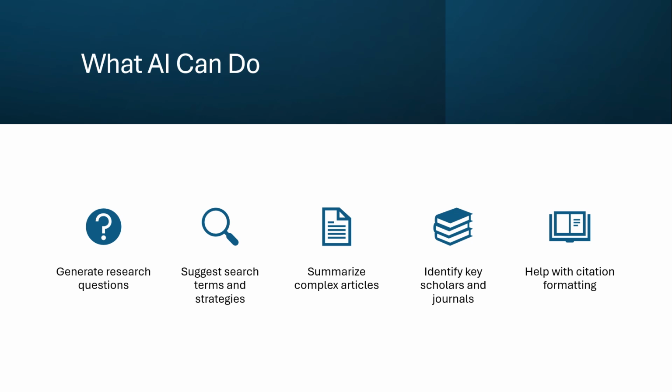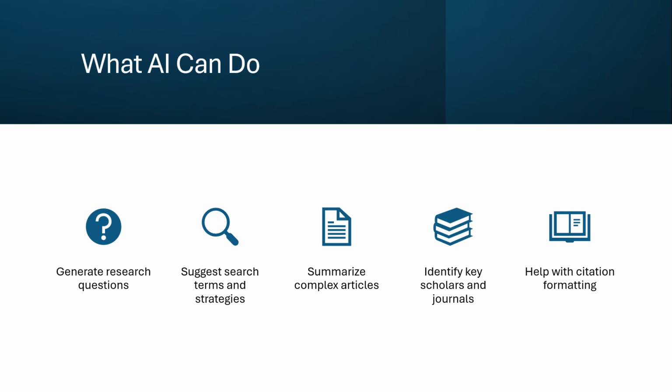So some things that AI can do include helping to generate research questions. I personally love this use. I'm doing some data analysis right now with my English 102 students from last semester. We used AI pretty heavily to generate a wide variety of research questions. Because LLMs are generative, sometimes they come up with ideas that we might not think of.